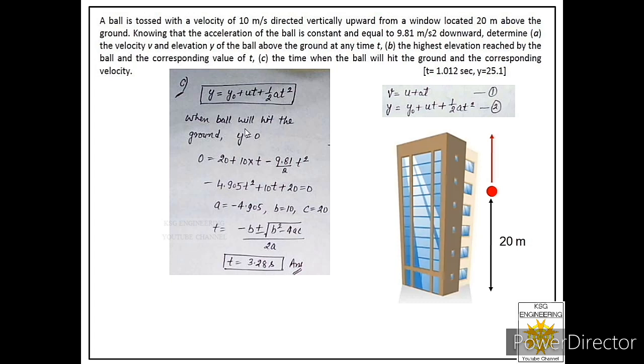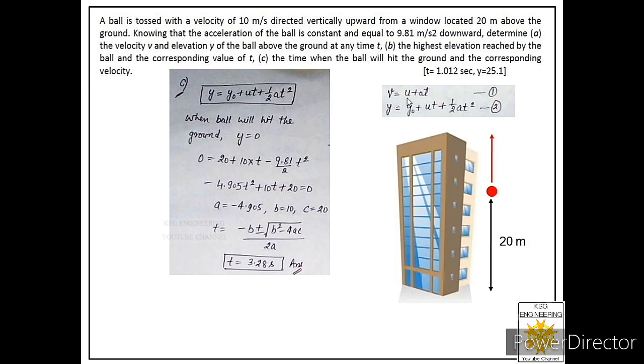So what logic have we applied? That when the ball will hit the ground, its distance from the ground will be 0. So we have put the value of y equal to 0. Now next we have to find at what velocity it will hit the ground. Now that will be the final velocity. So final velocity we have to find.